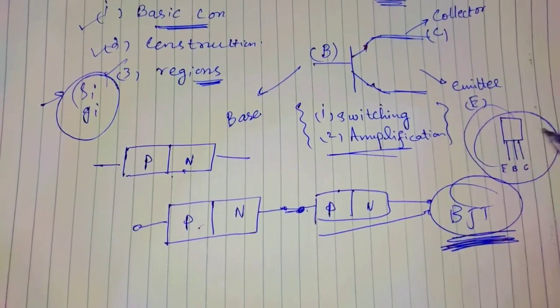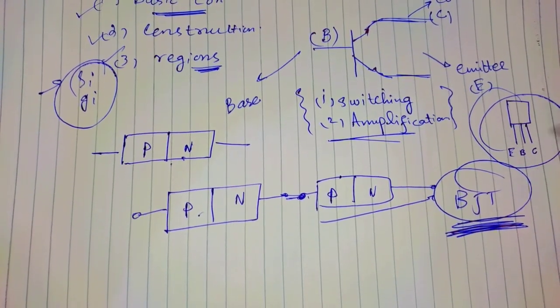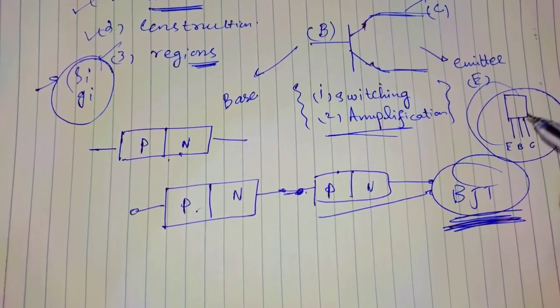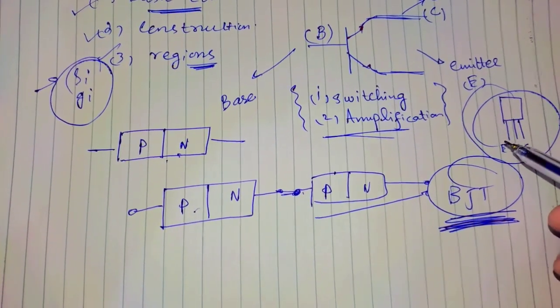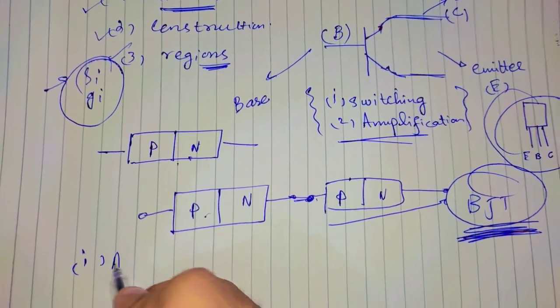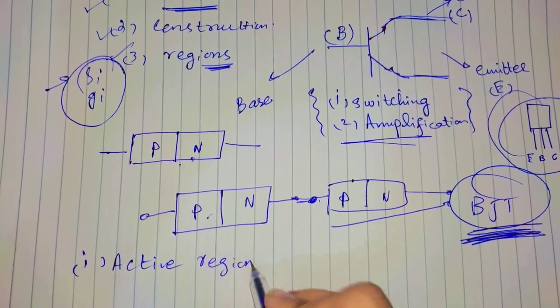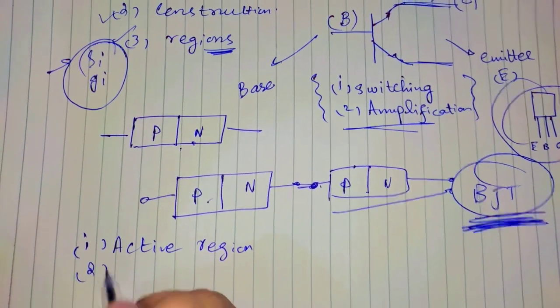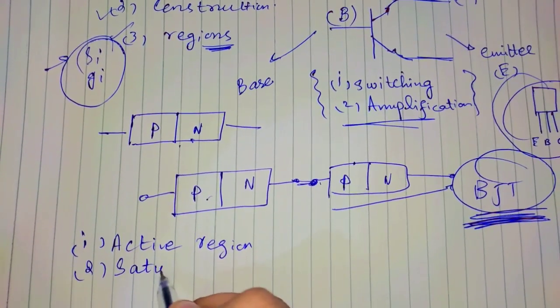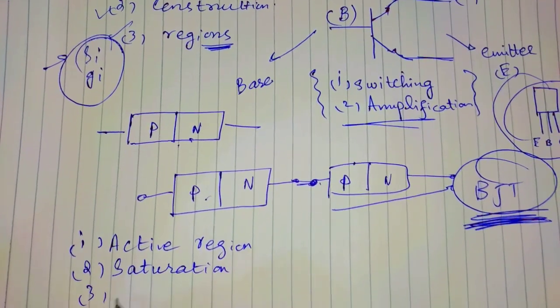Okay, this bipolar junction transistor has an ability to operate within 3 different regions. So what are the 3 different regions of operation? The first one is known as the active region. The second one is saturation, or saturated region, and the third one is cutoff.